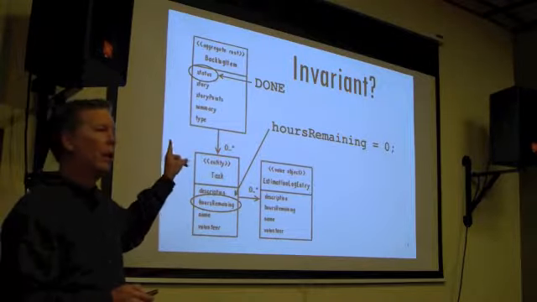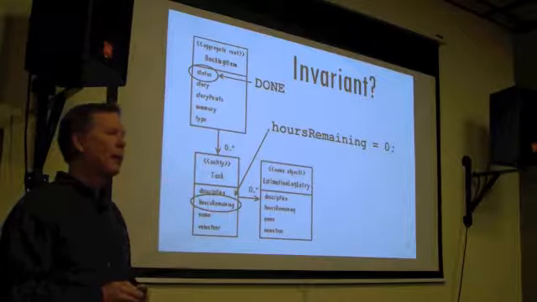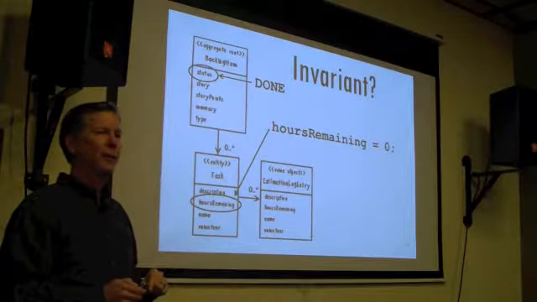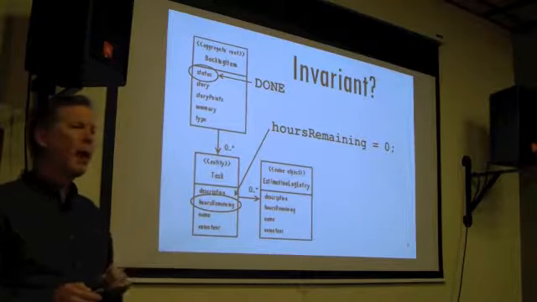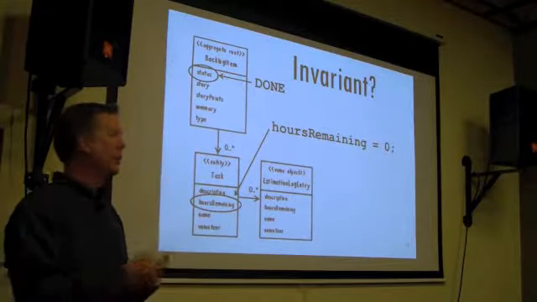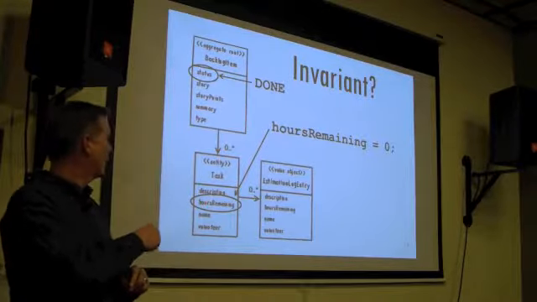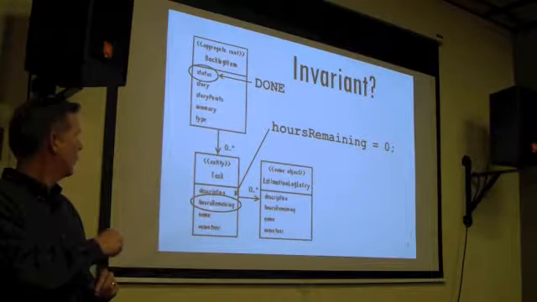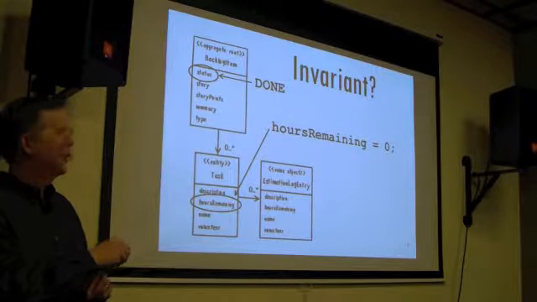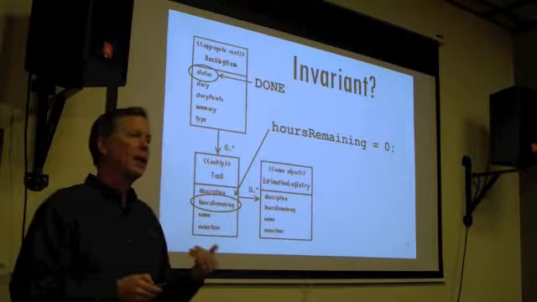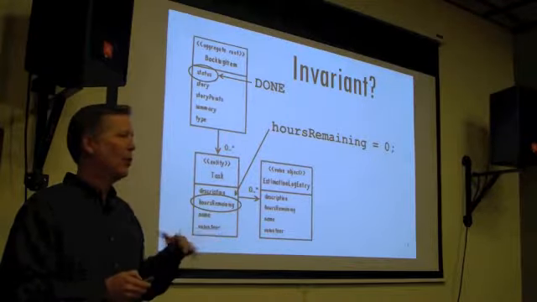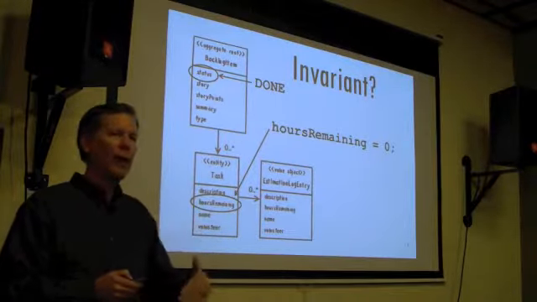It can cause the status of the backlog item to transition from committed to done. Now, it actually only happens under one specific condition. This doesn't happen whenever any given task has its remaining hours set to 0. It actually happens when the last task with any remaining hours whatsoever has its hours set to 0.